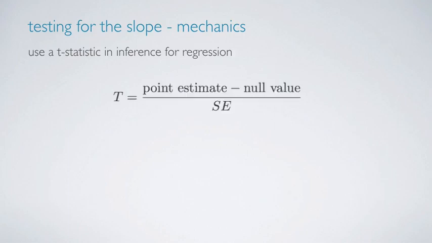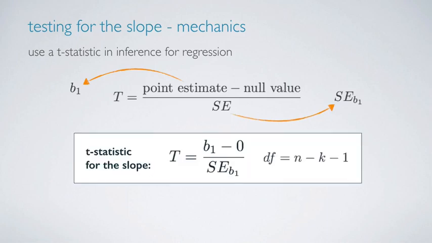The t-statistic looks like point estimate minus the null value divided by the standard error. Our point estimate is simply our slope estimate, and the standard error is the standard error of this estimate that we can grab easily from the regression output. So the t-statistic for the slope is simply b1 minus 0 divided by the standard error of b1.